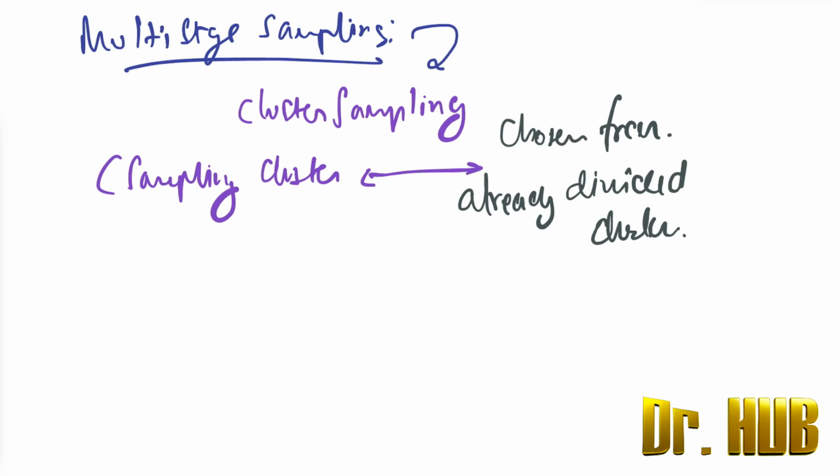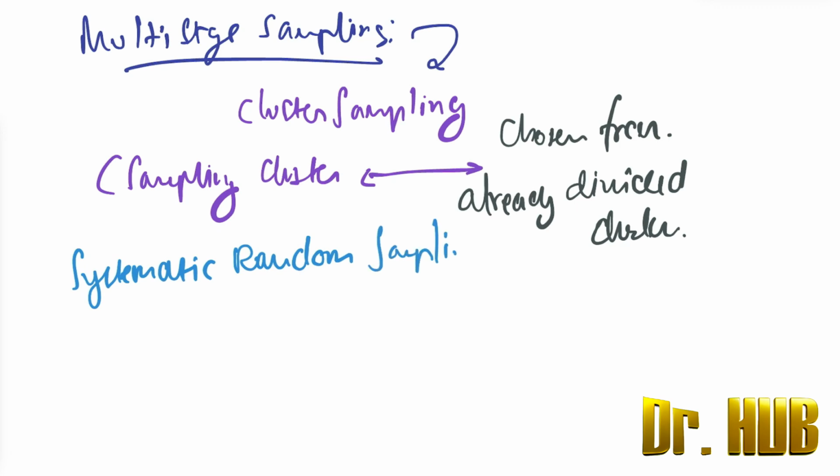Next, we look at the systematic random sampling. Here, in systematic random sampling, there is a systematic pattern to select the elements of a sample.